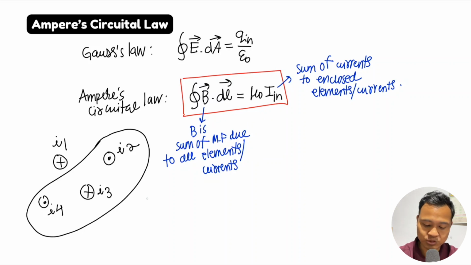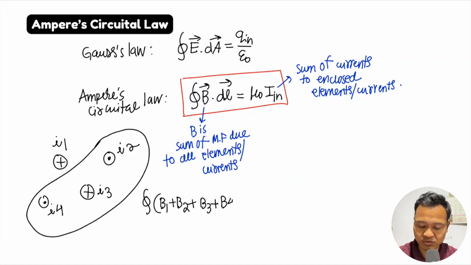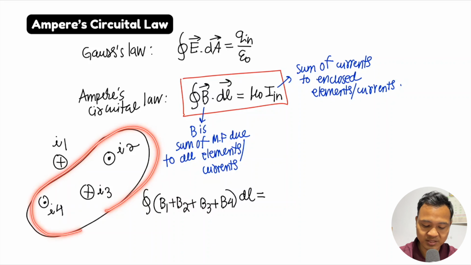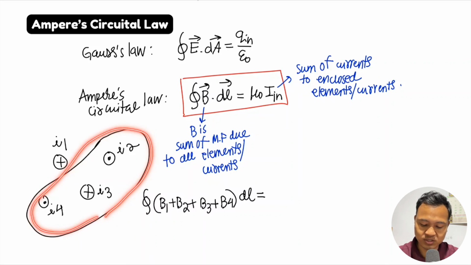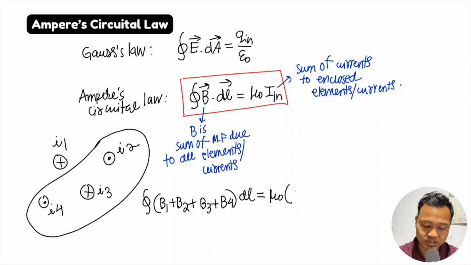If I want to write Ampere's law, the integral, remember B is due to all the currents, so B1 plus B2 plus B3 plus B4, into dL, is equal to mu naught into I in, which is inside the loop.